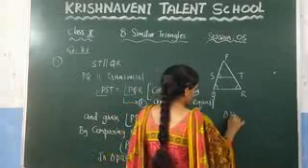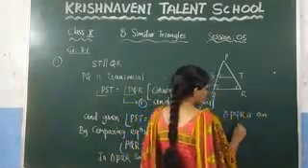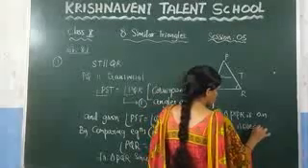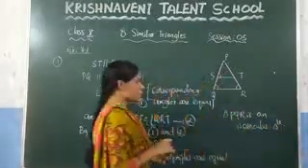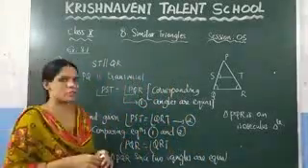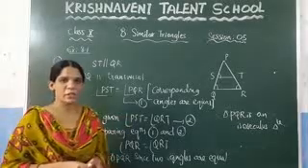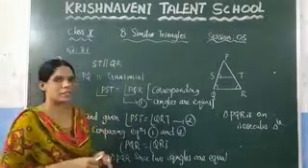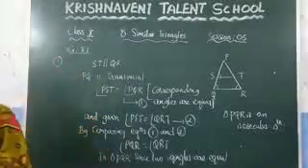Therefore, triangle PQR is an isosceles triangle. Using the transversal concept, we have proved the given triangle is an isosceles triangle. Now see the next problem here.